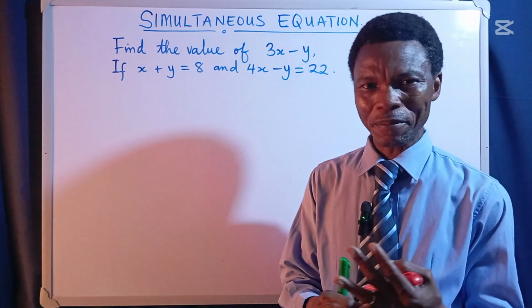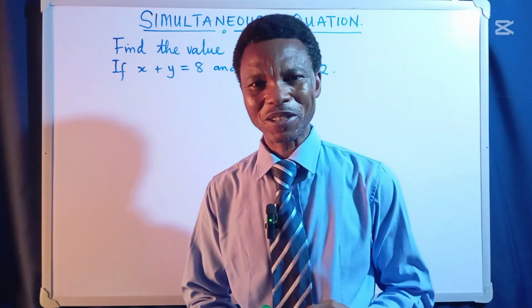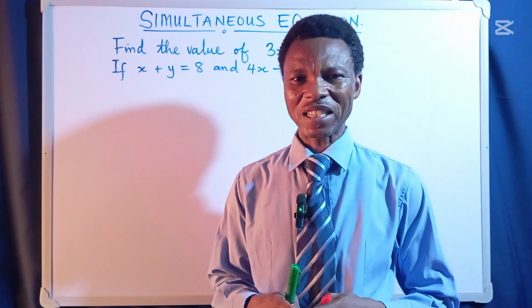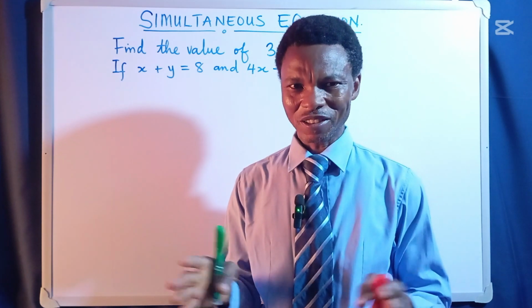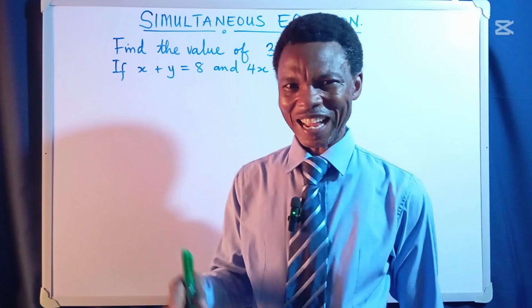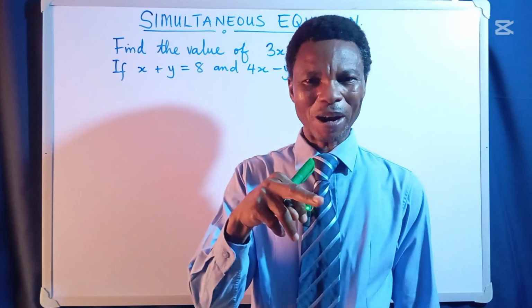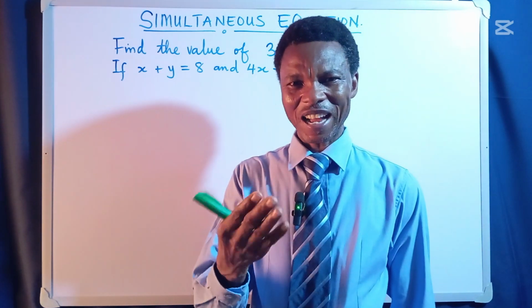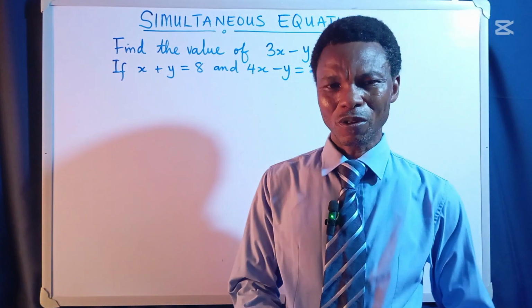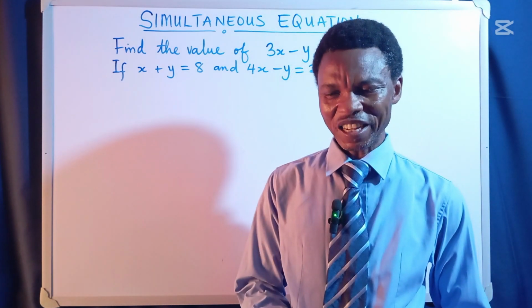We can use the graphical method, substitution method, elimination method. But today we're going to look at the elimination method. Just a simple one for you to do. At the end of this lesson, you have an exercise. I need feedback from you to show that you actually understood what I've explained in the video.